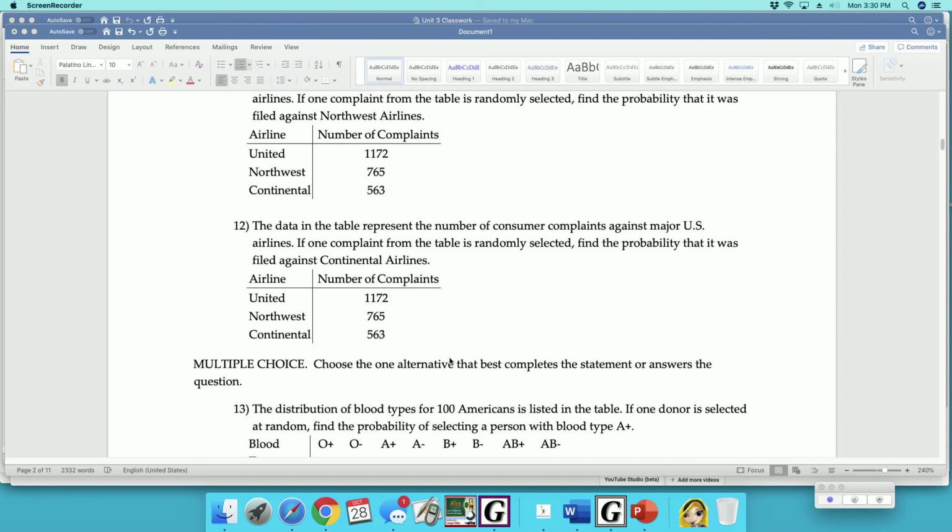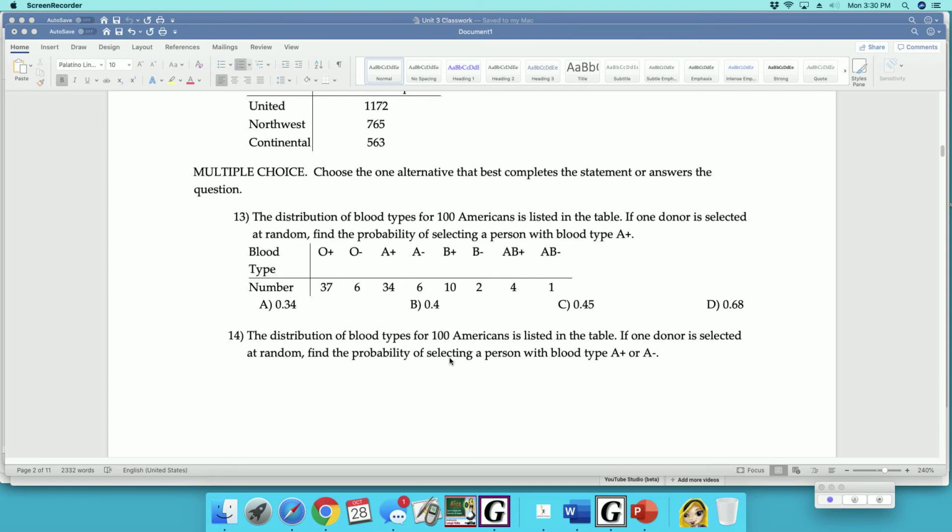All right, here's multiple choice. Let's do a multiple choice one. The distribution of blood types for 100 Americans, so that's your sample size, is listed in the table. If one donor is selected at random, find the probability of selecting a person with blood type A positive. So there's 34 A positive.